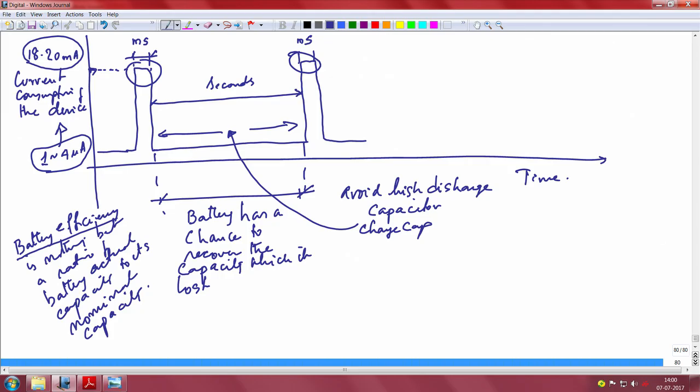So it is like a buffer, it helps you ensure that battery life improves, because you will not get into high discharge periods.